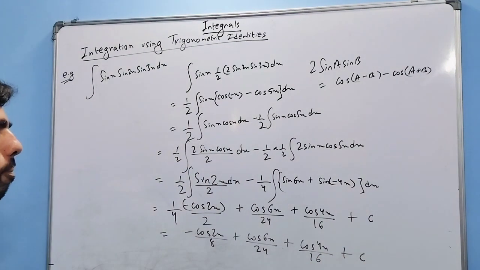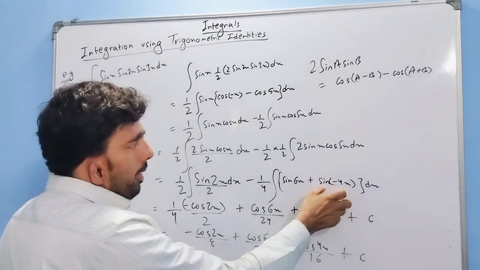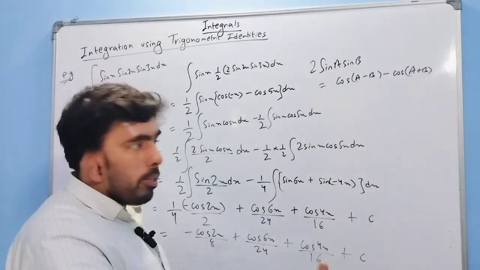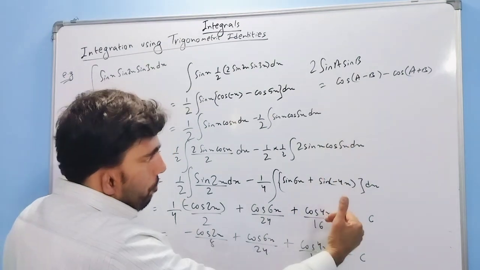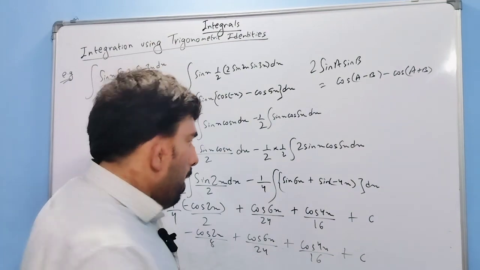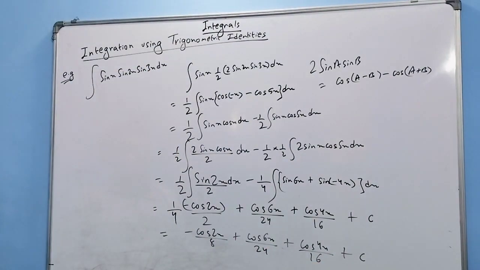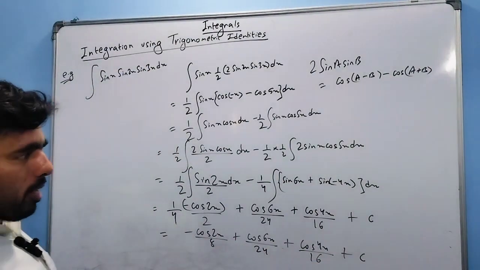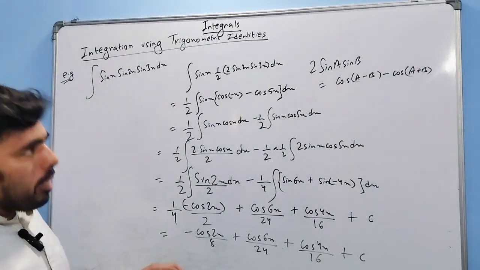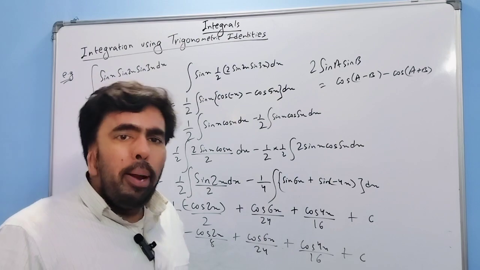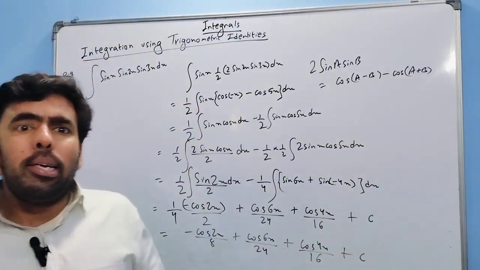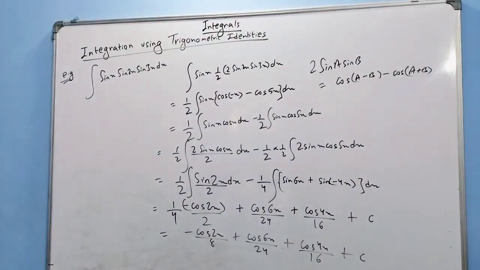Okay, I have done the integration: sin x will be minus cos x, but with the minus in front it will be cos x, and 1 upon 4 into 1 upon 4 will be 1 upon 16. So I have directly integrated them and multiplied with the outside constant term. Okay, so that is how we can easily solve numericals, like we do integration using trigonometric identities.